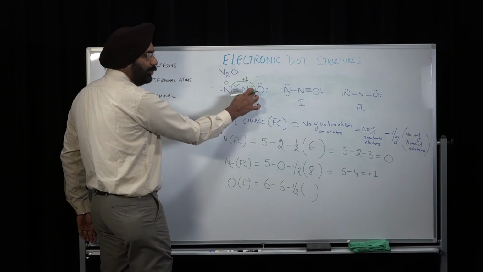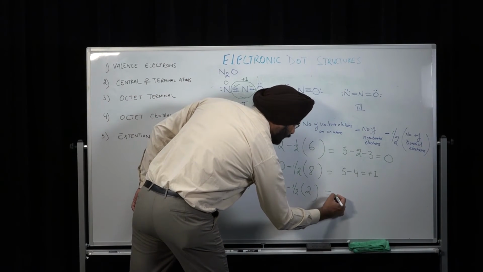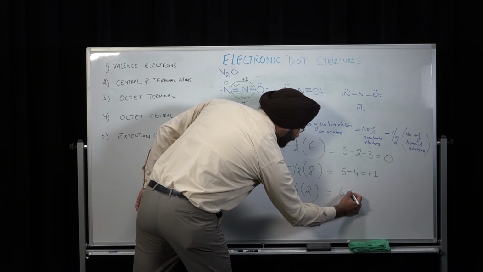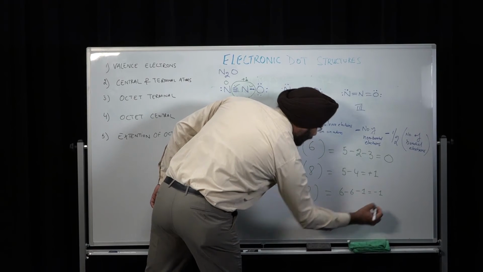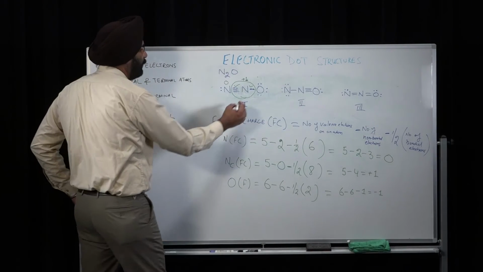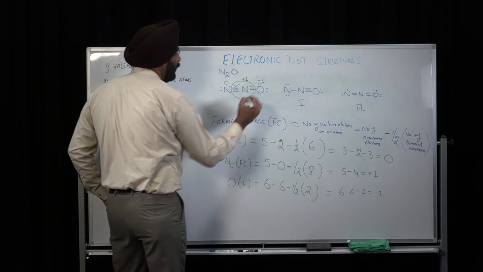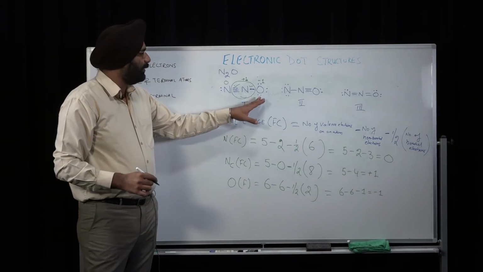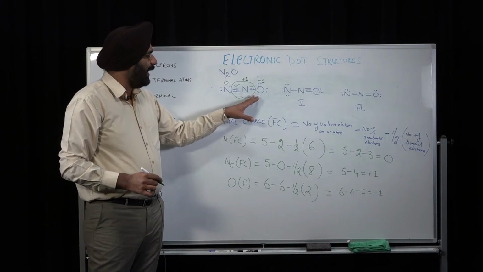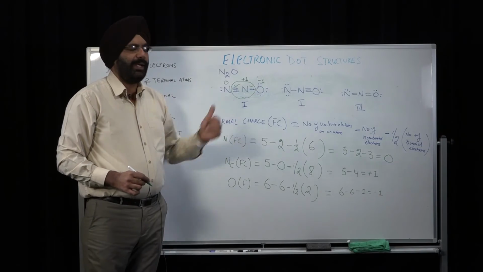There are only 2. So I'm putting 2 in there. When I solve it, what I get is 6 minus 1. That means negative 1. So this oxygen has a formal charge of negative 1. Okay? So this is the formal charge on each of the atoms for this structure: 0, plus 1, negative 1.